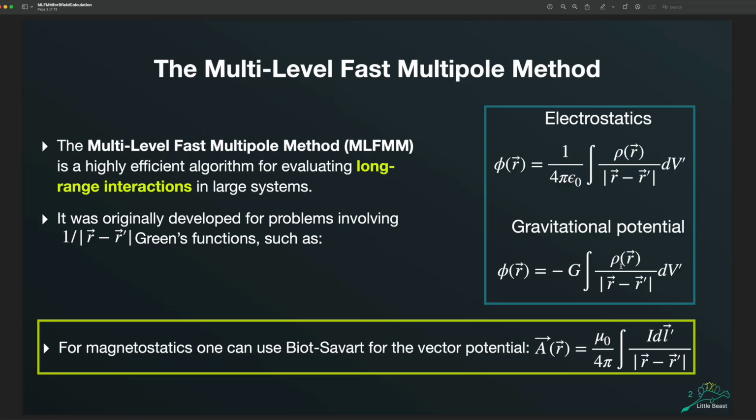You have this same 1/r Green's function, so which is what they are called, that it can be applied to the multipole method. And in magnetostatics, there's a trick, because if you use the vector potential variant of the Biot-Savart law, which is written here below, this has the same 1/r Green's function form, and that you can use for the fast multipole method.